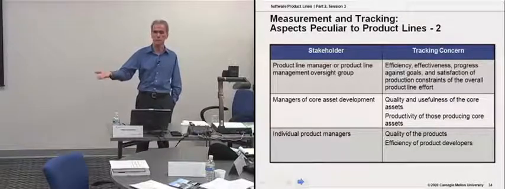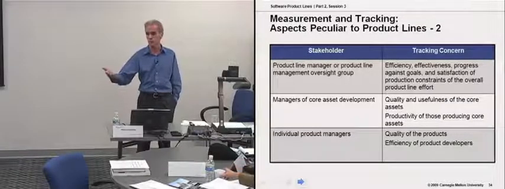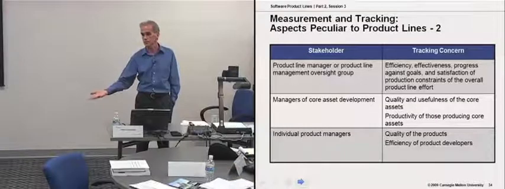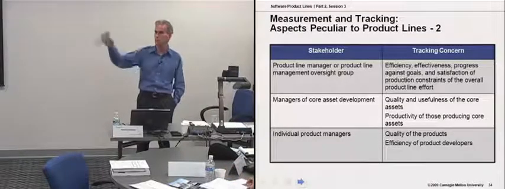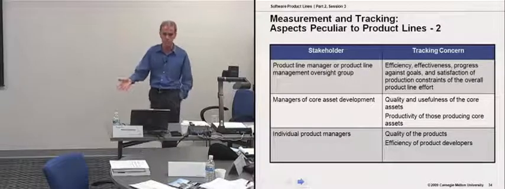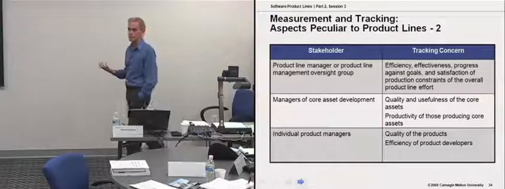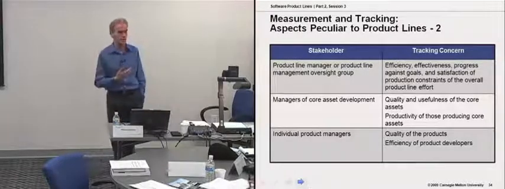Did somebody in product development decide these are no good? Why? Are they not meeting the needs of those particular product development efforts? And if so, what happened? Why did we end up creating these assets that nobody uses? So the core asset development manager needs to keep track of things like that.